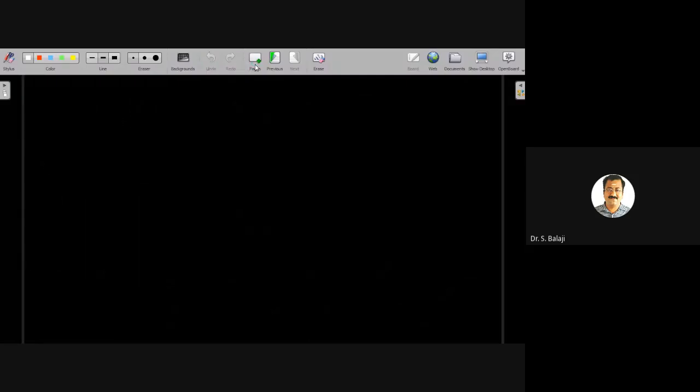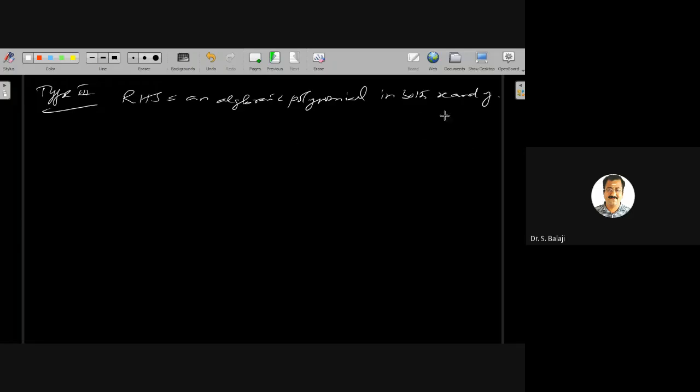Okay. This is type 2. Then we move on to type 3 here. Type 3 is RHS equal to an algebraic polynomial in both x and y, like x power m, y power n form.